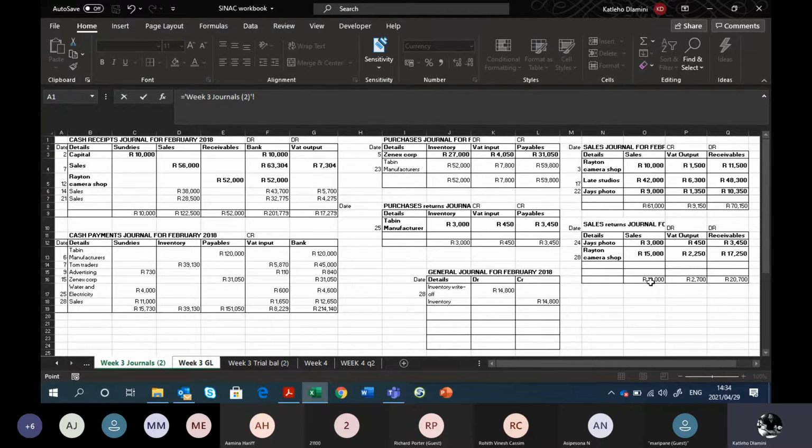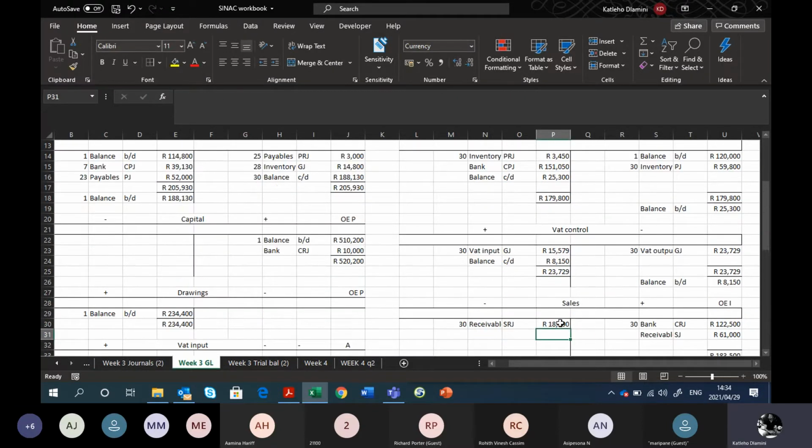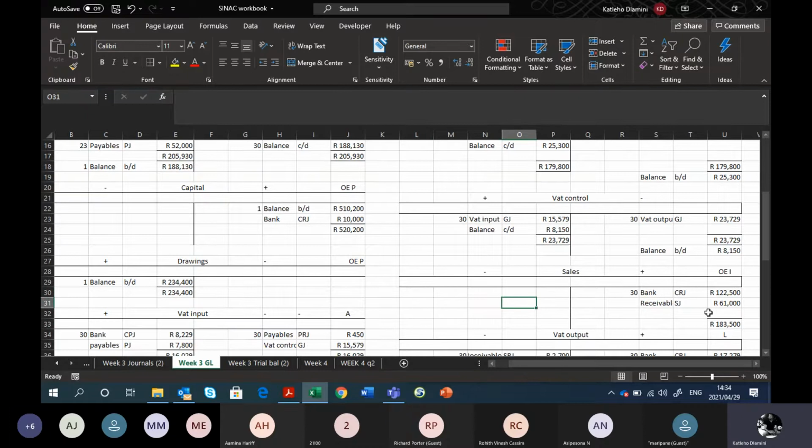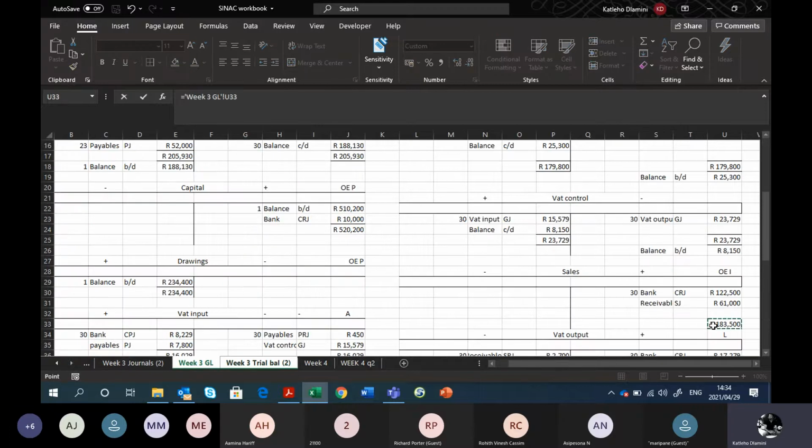Hold up. There's my sales returns. I knew something was up. Reducing an income on this side. Anyway, so this is equal to 183. Sorry about that.